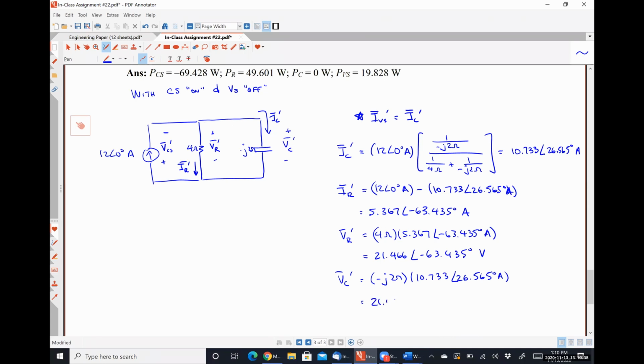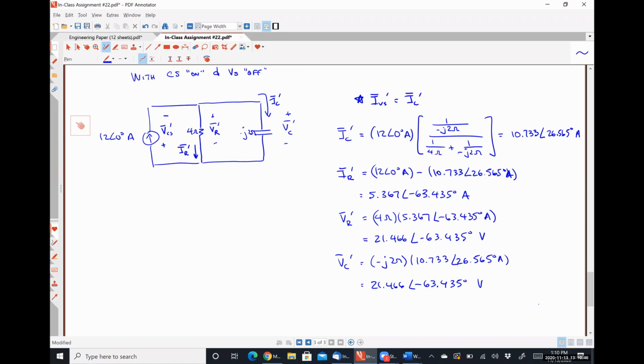I get 21.466 with an angle of negative 63.435 degrees volts. Let's see. While I'm over here, VCS prime, the voltage drop over my current source, is the same as negative VR prime.